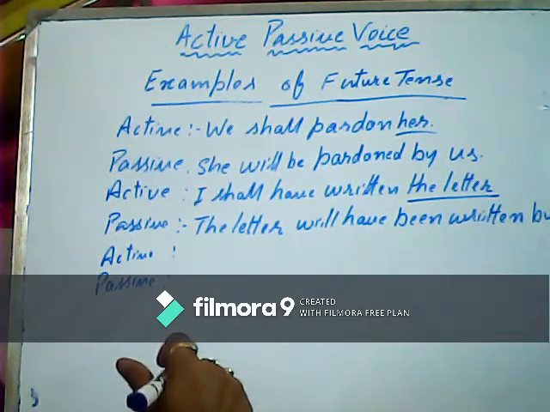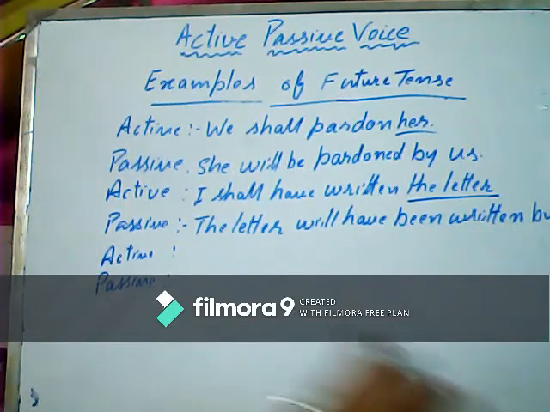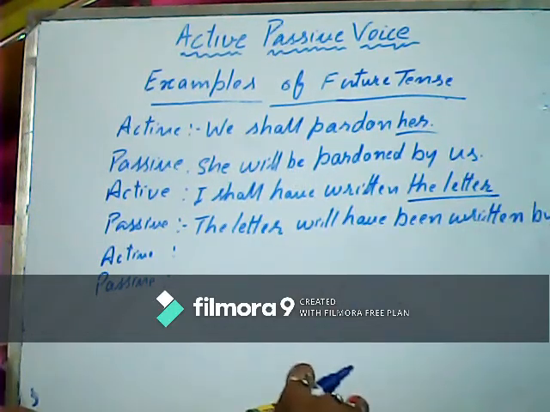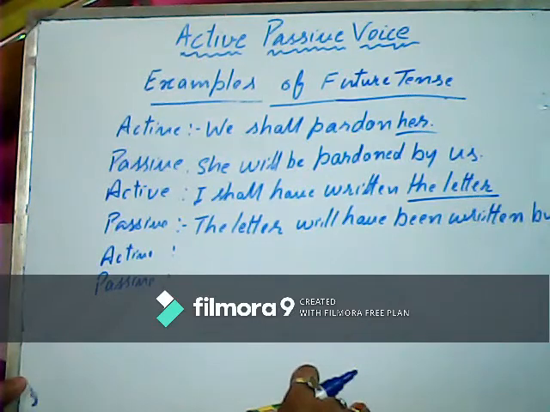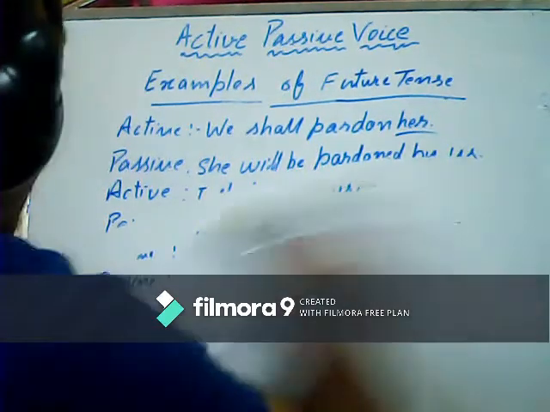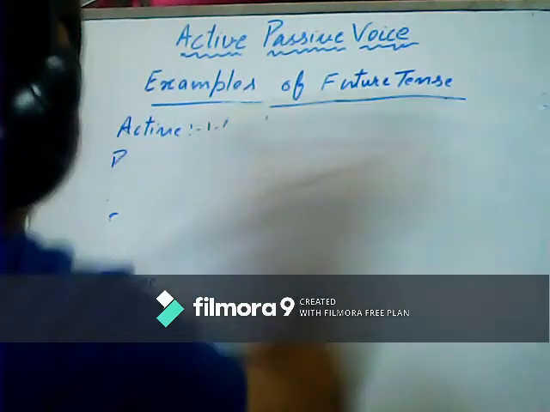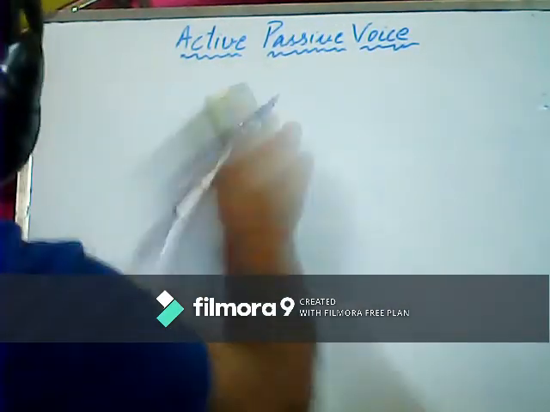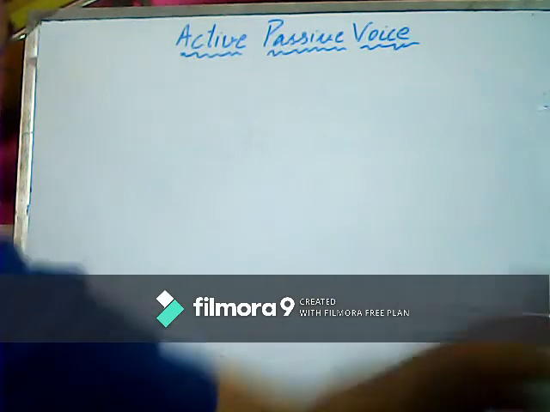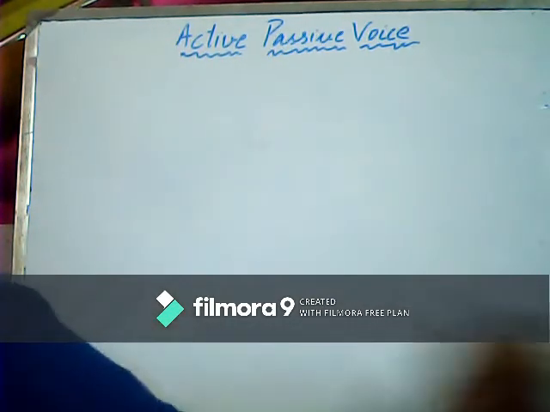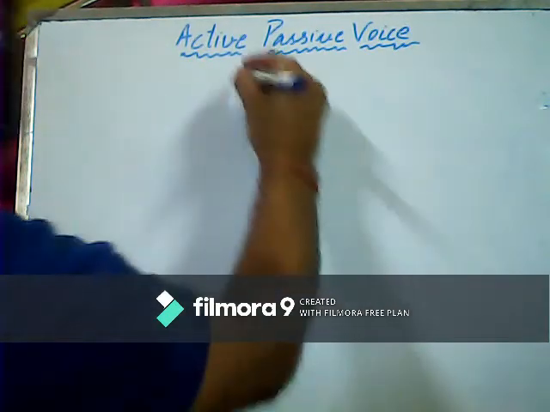Now, further we will take the cases of two objects. Now, I hope this much is understood by everyone. Now, we'll take a few sentences of two objects, as I had taken one more example previously.